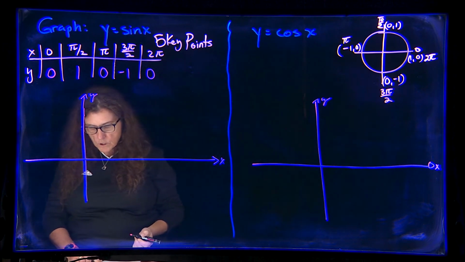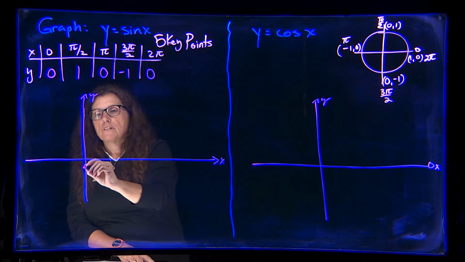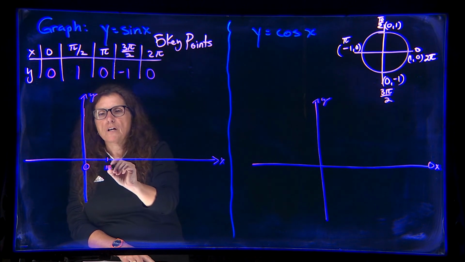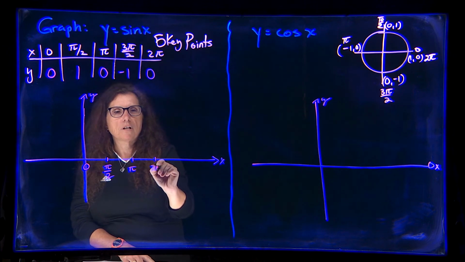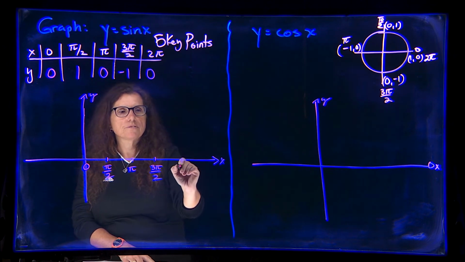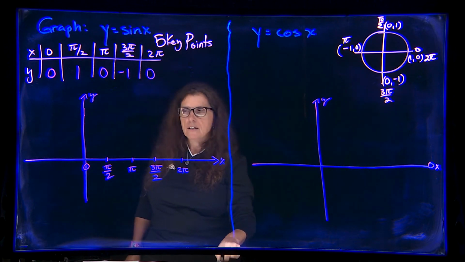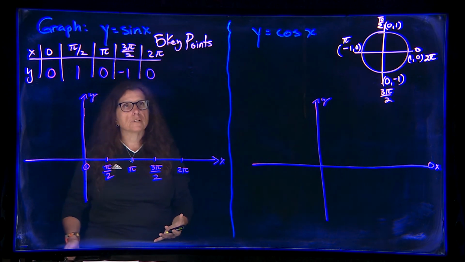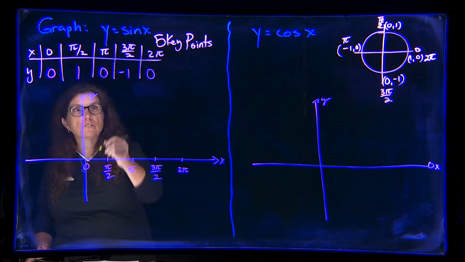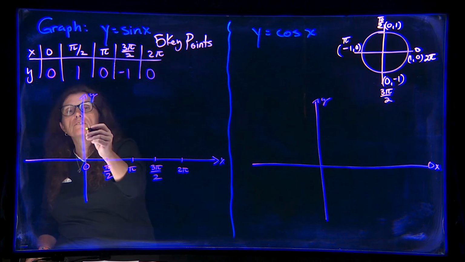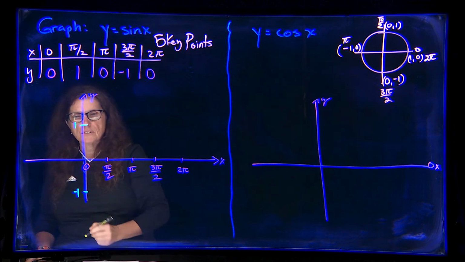Okay, so let's graph. So here we have 0. Let's make this pi over 2. Pi, 3 pi over 2, and 2 pi. Okay, what are the y-values? Well, the range of the plain sine and cosine functions, you can see, goes at the highest to 1 or to -1.